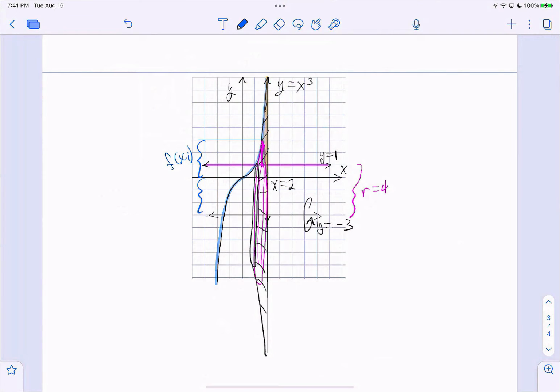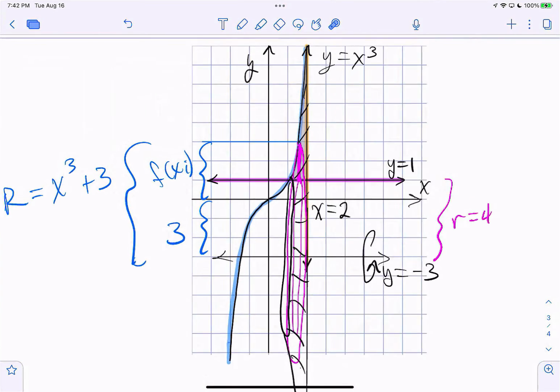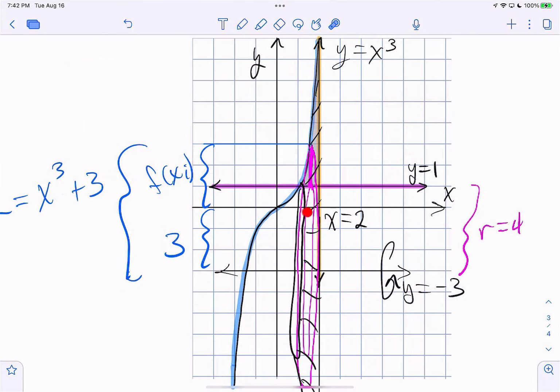This distance here is 3. We can see that, y equals negative 3, right? So this outer radius, call it uppercase R, is equal to x cubed plus 3. I hope you can see that, right? So for any particular x value, this function height is x cubed, and then this is an additional distance of 3.